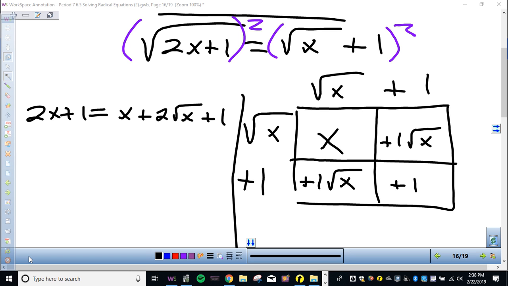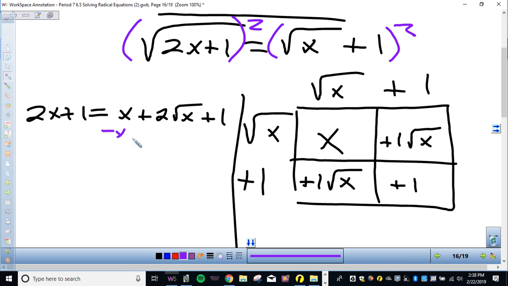Because of this square root, that square makes this square root go away. Whereas because this plus 1 is not under the square root, that's why I have to do square root of x plus 1 times square root of x plus 1. Okay. So it looks a little bit like a nightmare, but it simplifies pretty nice.